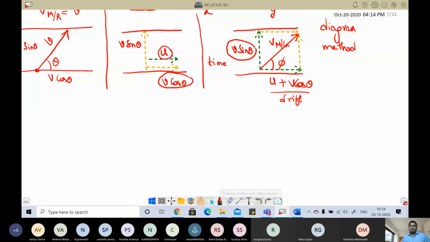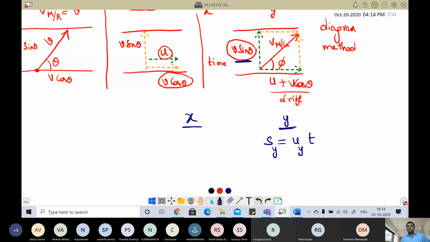So let us say now this is x direction and let us say this is y direction. Now in y direction we have this equation, s is equal to u into t, displacement in y and initial velocity in y. Velocity in y, constant velocity. What is this y? This one, v sin theta.